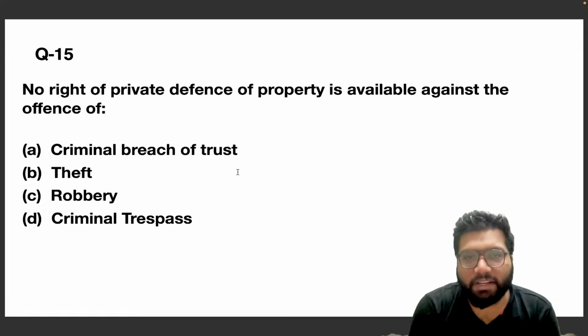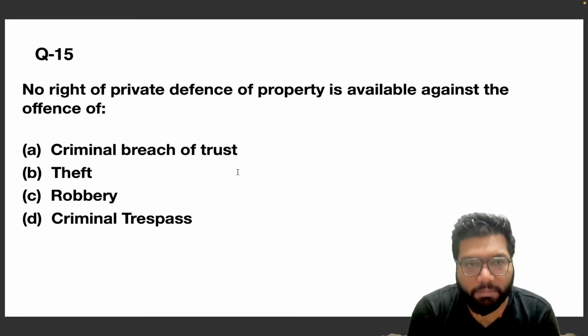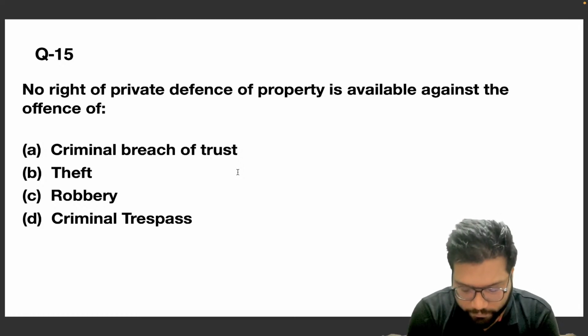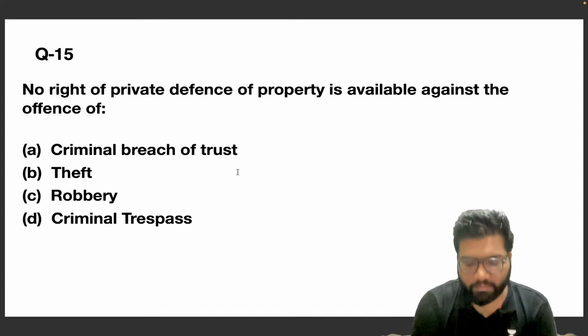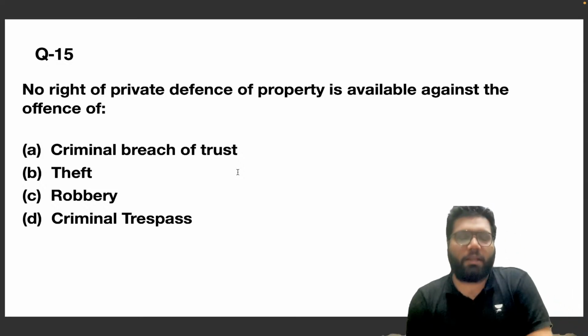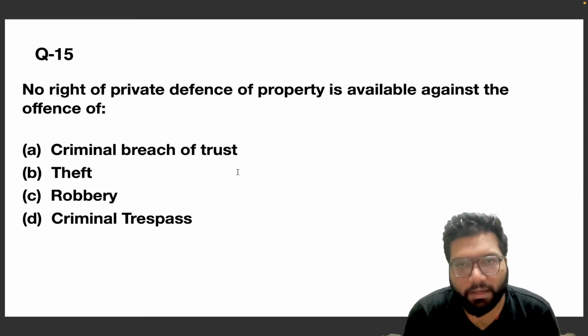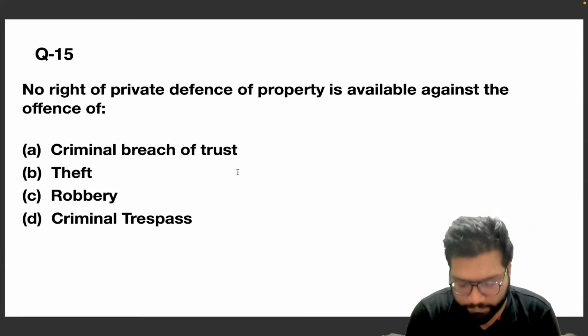No right of private defense of property is available against the offense of. Correct, Kirti. Section 376 to 376E. In short, all the punishments that included the concept of rape.